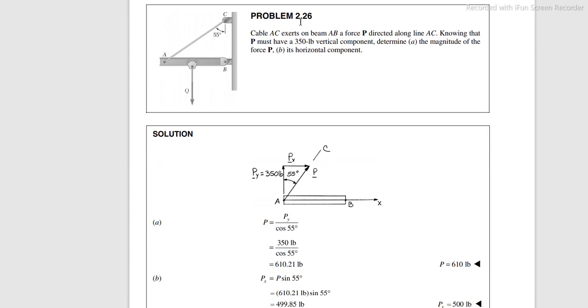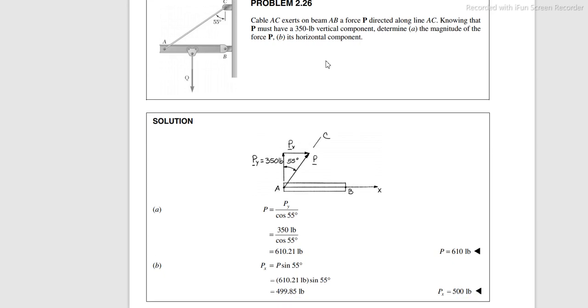Problem 2.26. Cable AC exerts on beam AB a force P directed along AC. Knowing that P must have a 350 lb vertical component, determine the magnitude of the force P and its horizontal component.